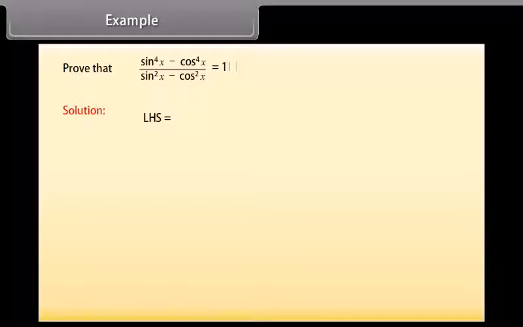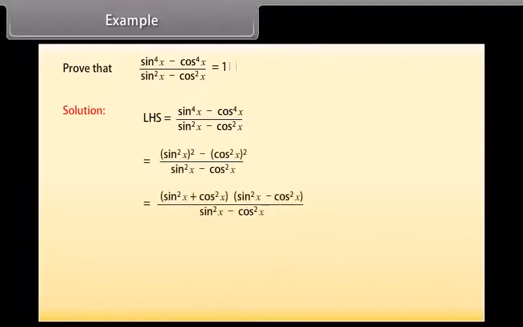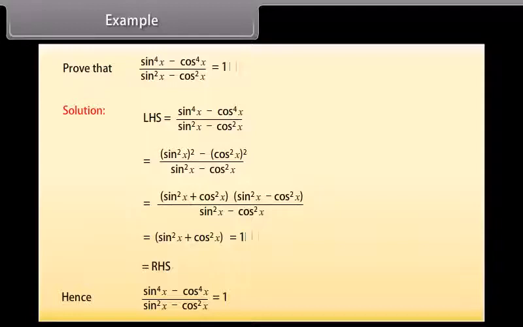On solving the left-hand side, which is sin raised to the power 4x minus cos raised to the power 4x whole upon sin square x minus cos square x, we get 1. And this is equal to the right-hand side. Hence, sin raised to the power 4x minus cos raised to the power 4x whole upon sin square x minus cos square x is equal to 1.